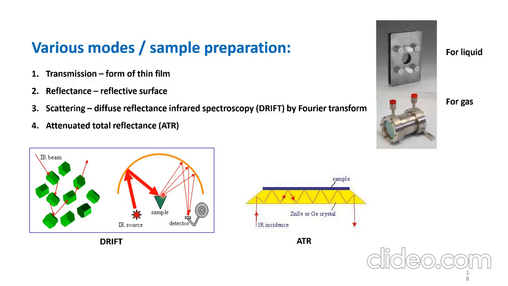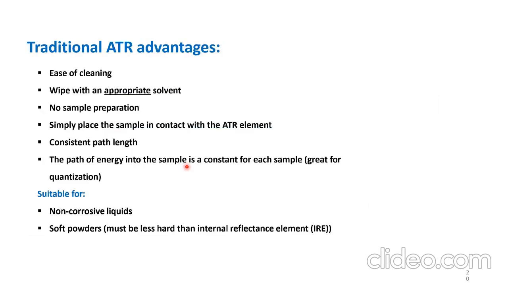We mix the powder in KBr and keep it in the micro cup, and then we incident the IR radiation on that and check the scattering or diffused reflectance from the sample.